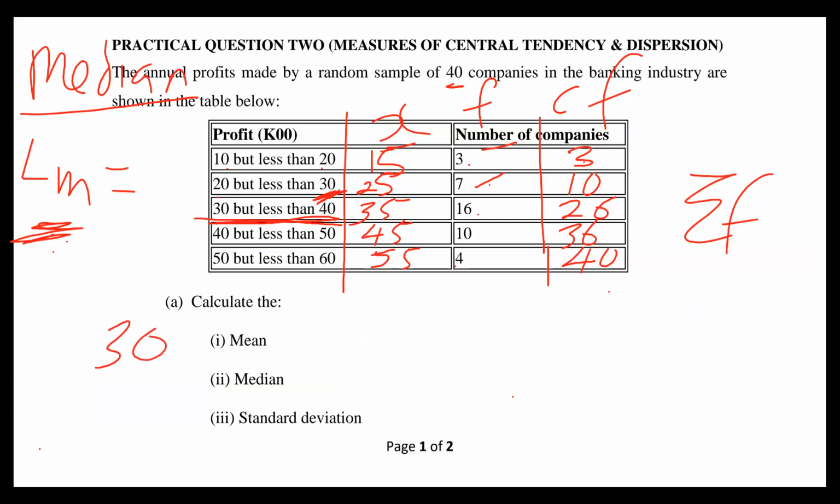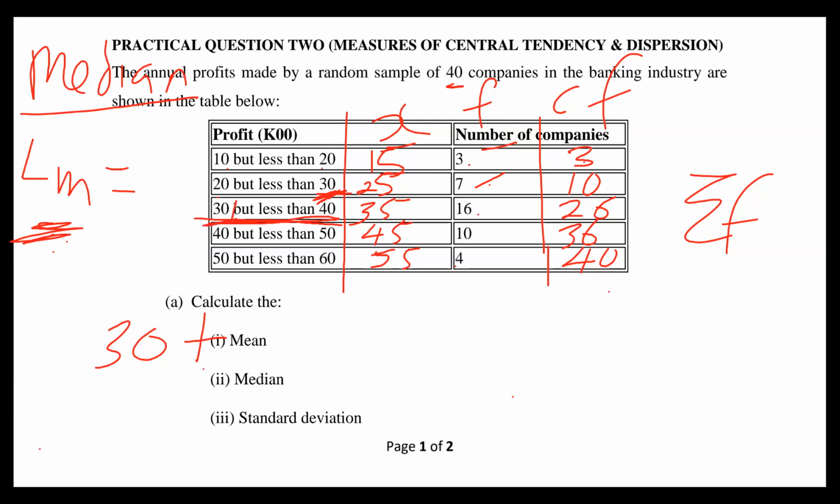Then you add the upper class boundary for the class before the median class and the lower class boundary of the median class. Apparently, the upper class boundary here is also equal to the lower class boundary of the median class.